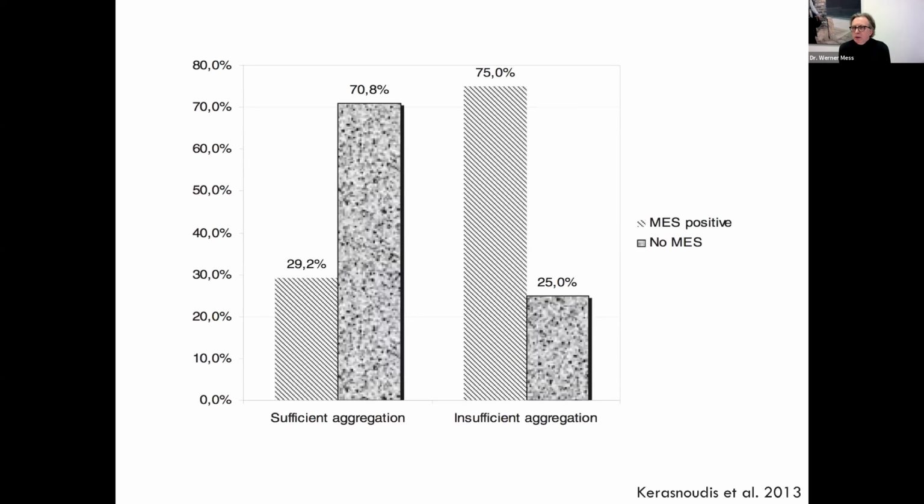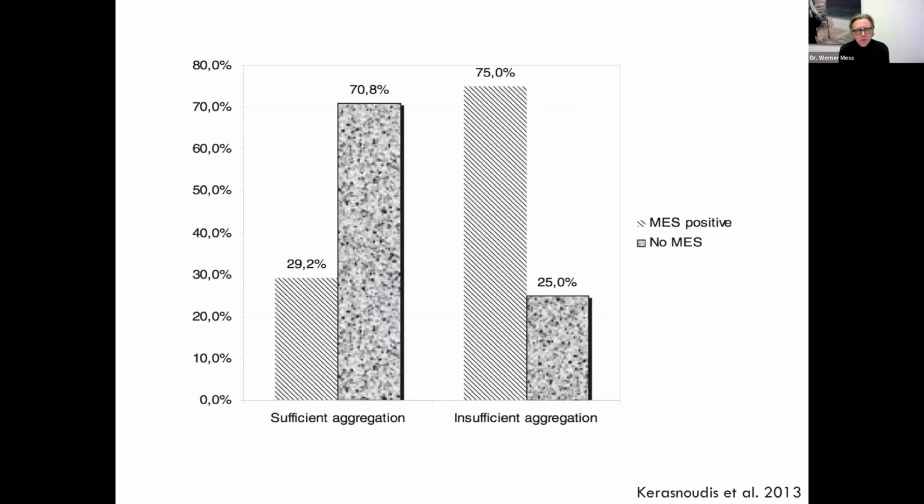This is another slide on the relationship between microembolic signals and platelet function. This is approximately 40 patients. Most of them got aspirin, a loading dose and the usual dosage afterwards. Some of them got clopidogrel, and all patients got the same dosage, according to the usual regimen.